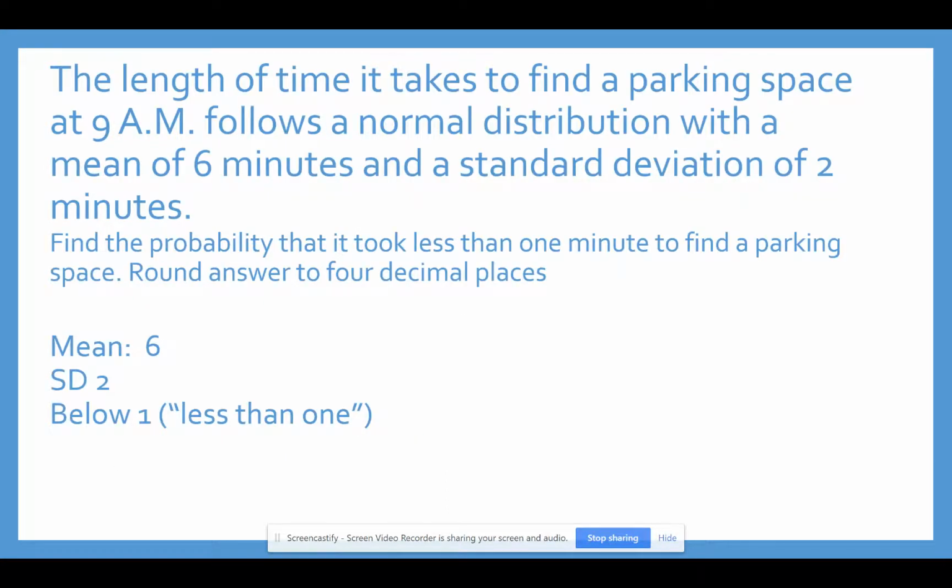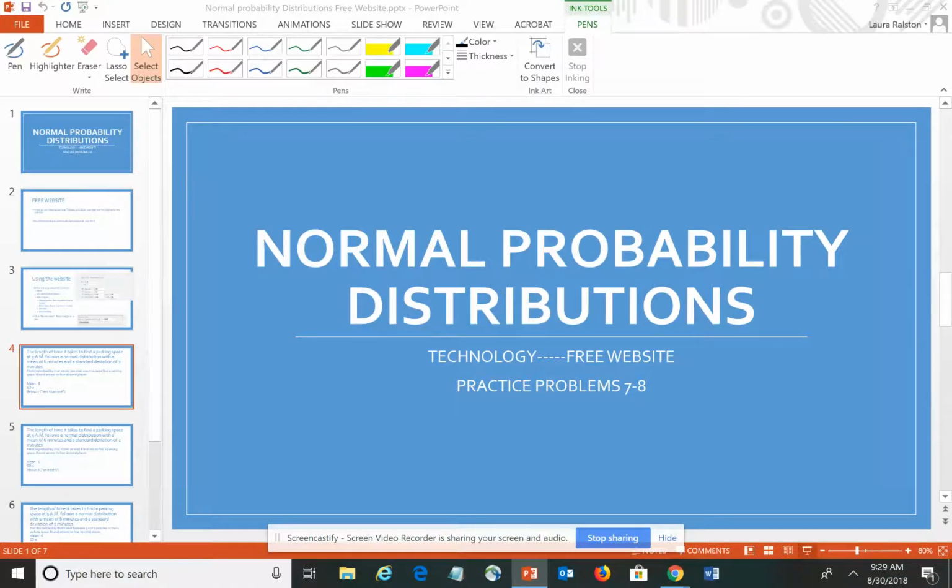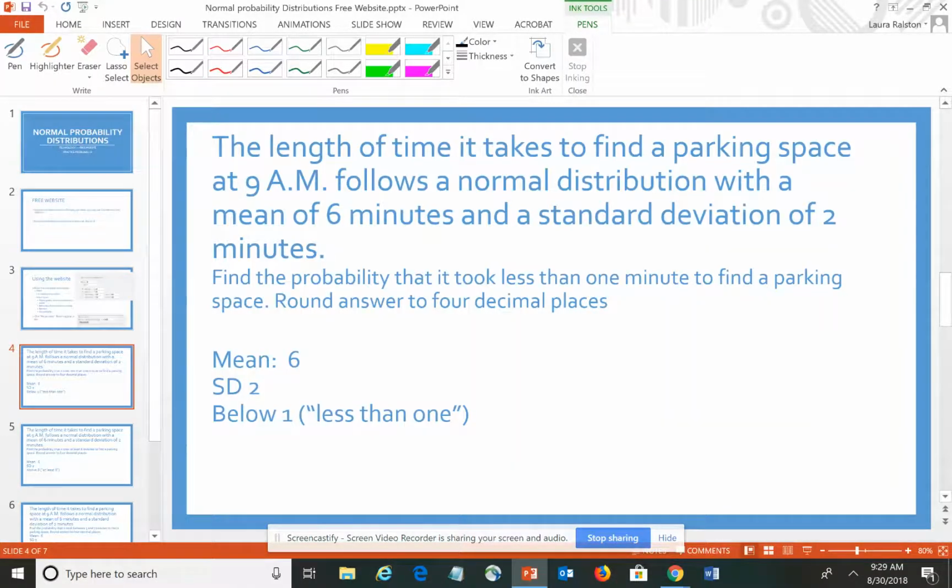So here's our scenario. The length of time it takes to find a parking space at 9 a.m. follows a normal distribution with a mean of 6 minutes and a standard deviation of 2 minutes. We know from previous lessons that we have to know that it is a normal distribution, and we're told that information in the story.